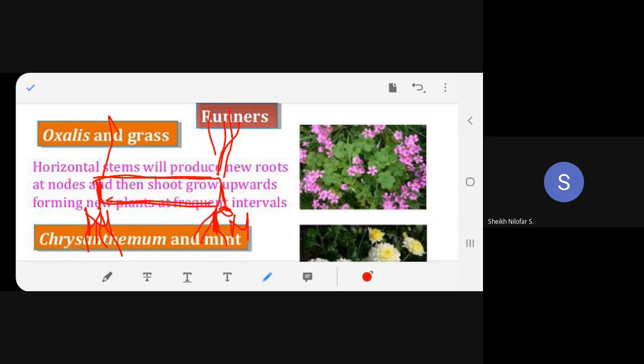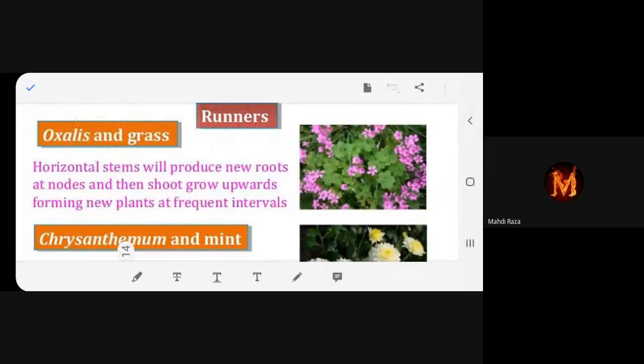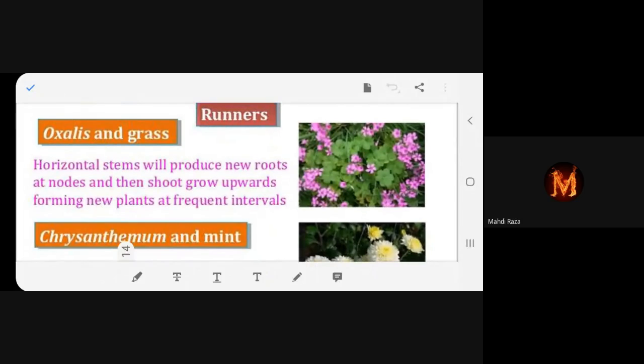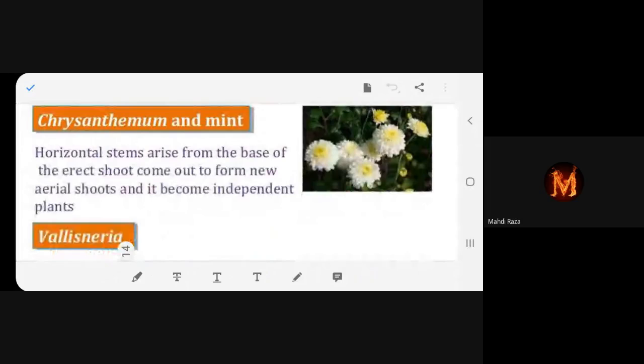The new plant will start arising from the nodes. Any problem? All of you understood? This is how runners work. Let's see what happens in chrysanthemum and mint. Please read, beta.